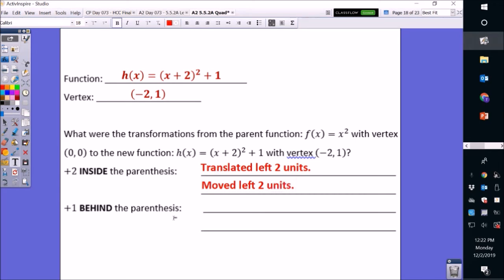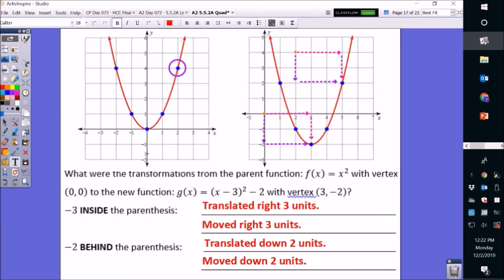All right, so for the next part, plus 1 behind the parenthesis. Again, if we compare it to the previous example, negative 2 or minus 2 behind the parenthesis, we describe the transformation as translated down 2 units or moved down 2 units. So negative 2 basically means translate down 2 units if it's behind the parenthesis.